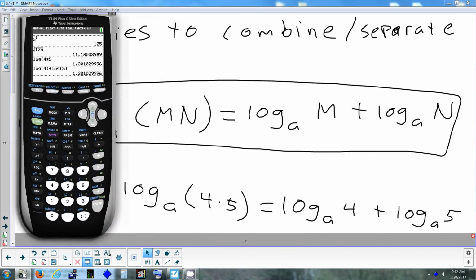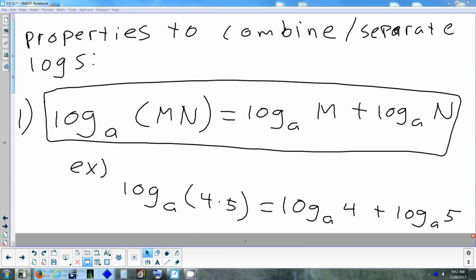The way that I typed it in. Yeah. 10. It would work for any base. It's just 10 is the fastest one for me to type in. So you could do it with base 7, base 2.5, base e. So if you do it with base e, you could replace all the logs with ln's. Okay. And it always works.